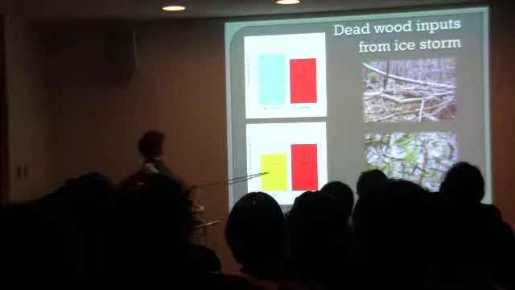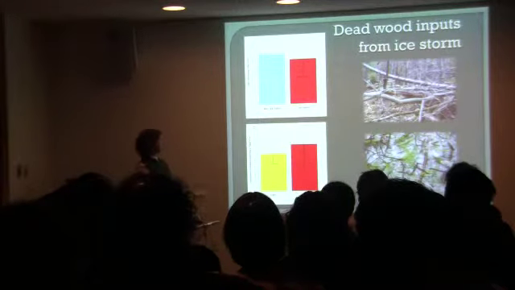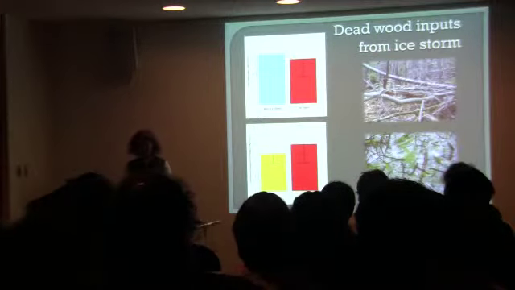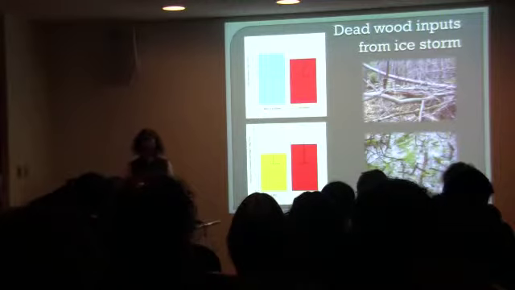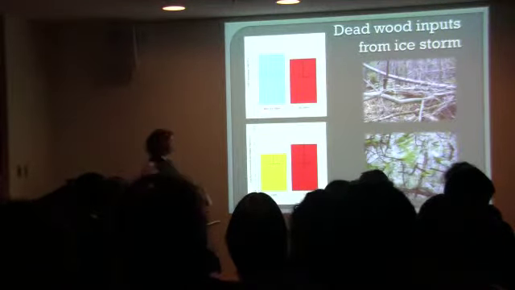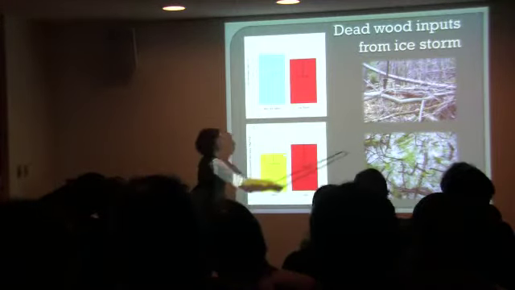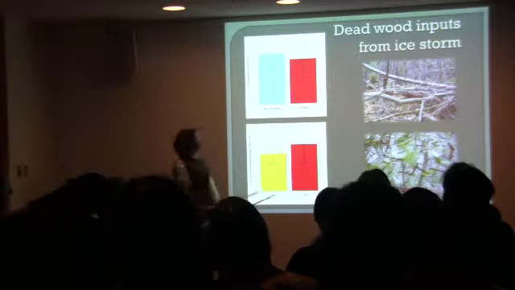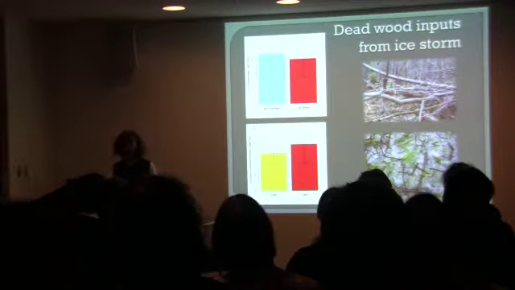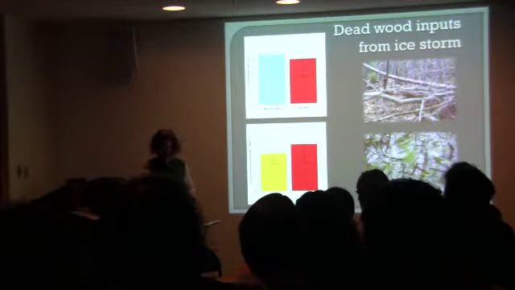And then also point out this yellow bar is fine woody debris inputs, and then the same for coarse woody debris inputs, and this is all in terms of megagrams of carbon per hectare. We don't usually think about fine woody debris inputs as being all that important in the carbon cycle, but you can see, at least in this case, where there was tons of small branch and not giant wood debris inputs, that was really important. So it was definitely worth keeping track of those.